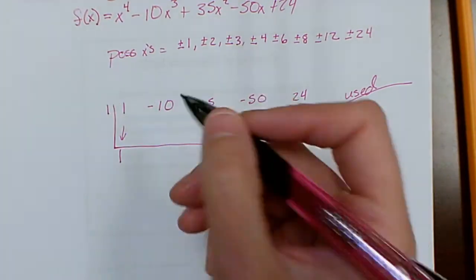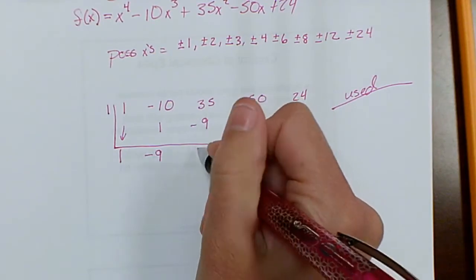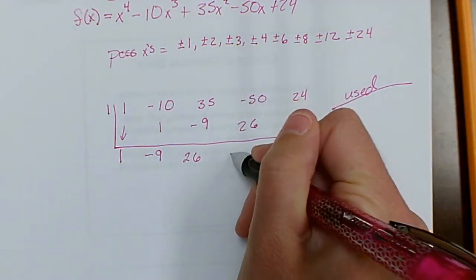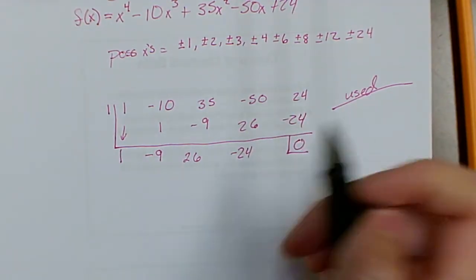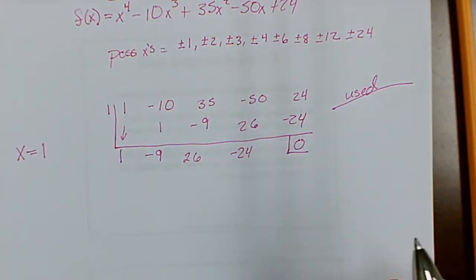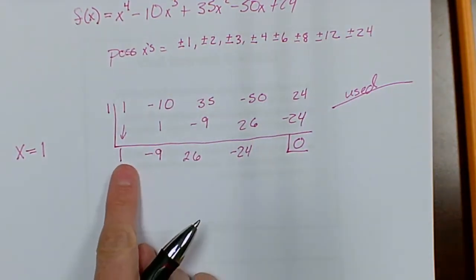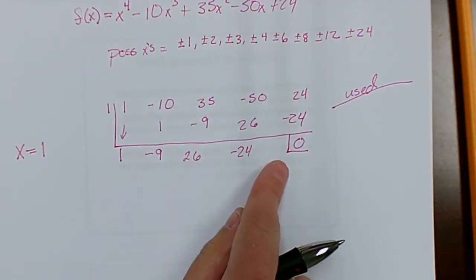So 1 goes into 1 one time. You get negative 9. So that's 26. This is 26. So that's negative 24. We get negative 24, which is 0. So we know that x equals 1. Now, since this was to the 4th power, this is to the 3rd. This is x third, x second, first, and none.